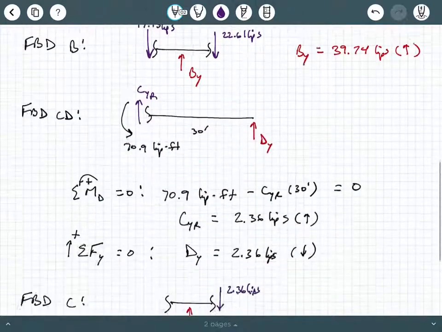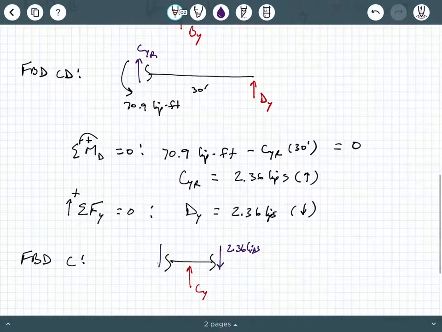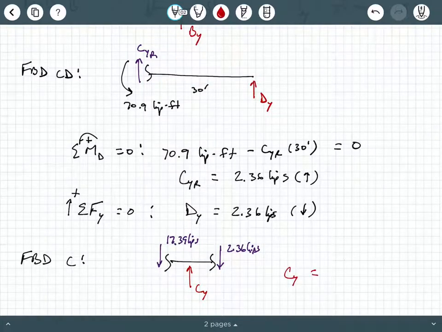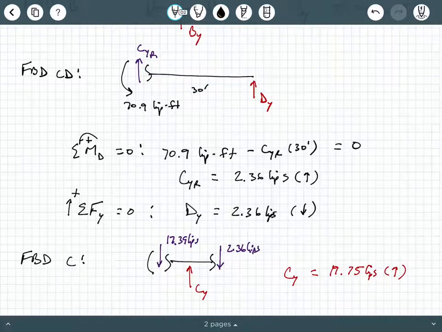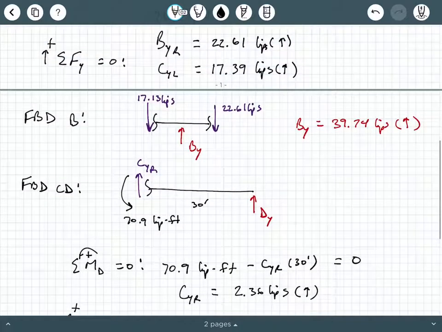Yes, CY left was 17.39 kips. Okay, so CY should be equal to 19.75 kips going up.